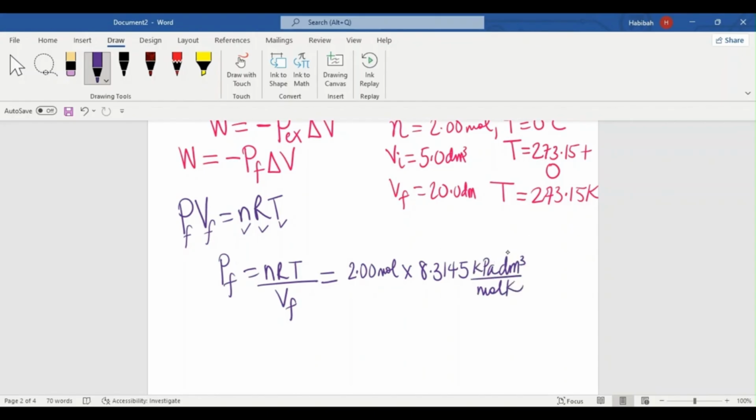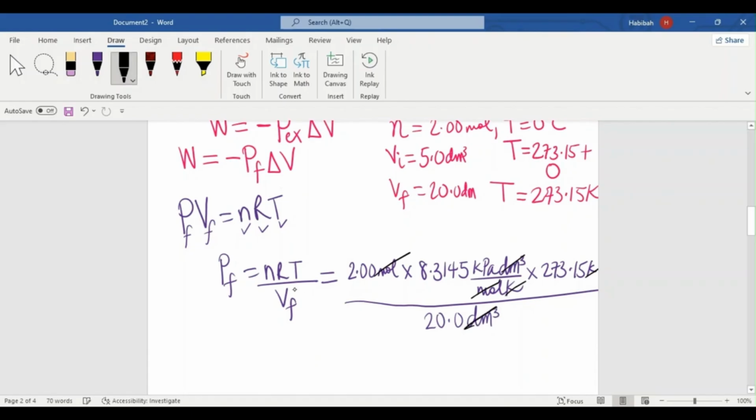The unit is kilopascal dm cubed, or kilopascal liters, per mole Kelvin. Of course, times the temperature, 273.15 Kelvin. All of that information divided by V final, which is just 20.0 dm cubed. So, of course, let's cancel out the units: mole, Kelvin, and dm cubed.